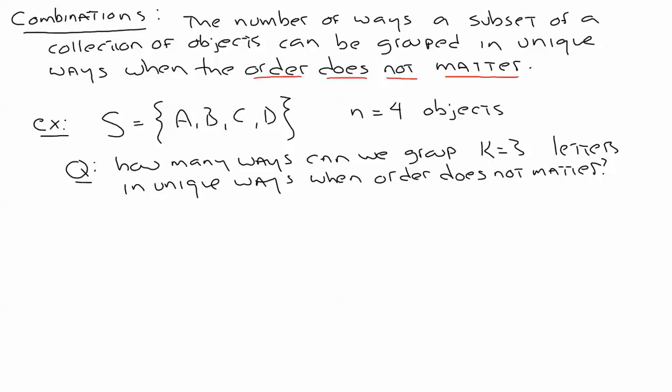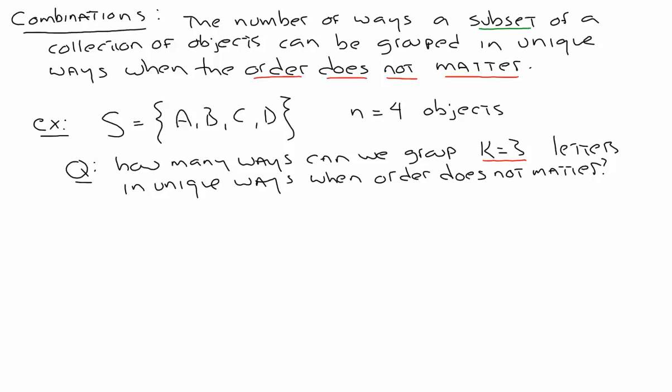How many ways can we group K equals 3 letters? So K will be the number of elements in the subset. Remember, we're looking at ordering a subset of objects in a collection. K is the number of objects in the subset.